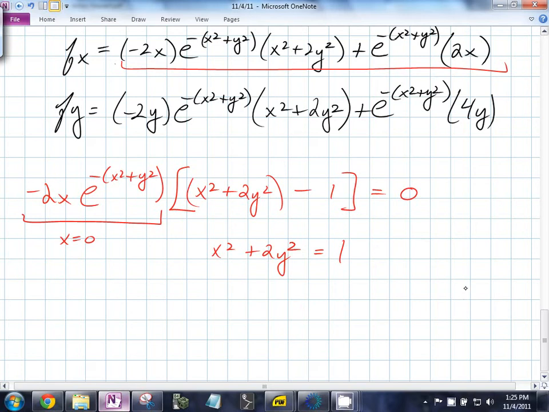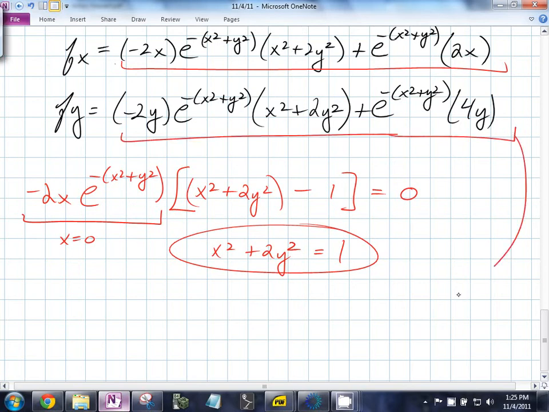At this point, what would be a good thing to do? Before we do anything else on this one, let's look at this one. If we look at this one, what can we factor out? Negative 2y e to the negative x squared plus y squared times x squared plus 2y squared minus 2, right?